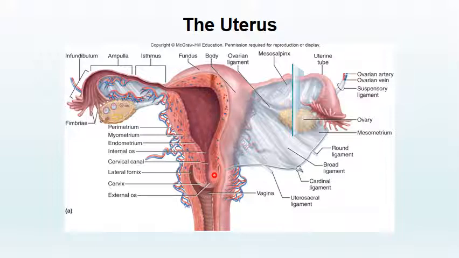Once a female is pregnant or has been pregnant, that opening is more defined, so we can better see the lumen. You can actually look at a body of a deceased female and look at the uterus and usually determine if they have ever been pregnant or not, based on how the uterus looks.